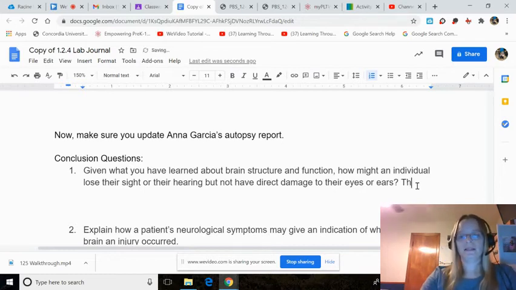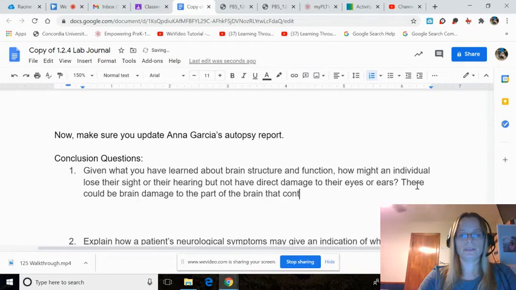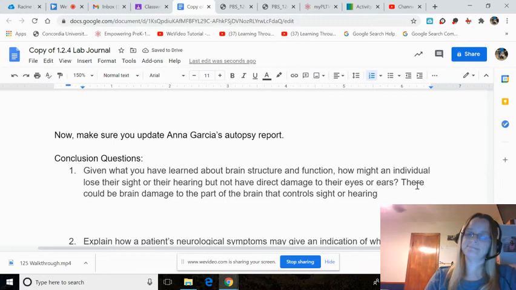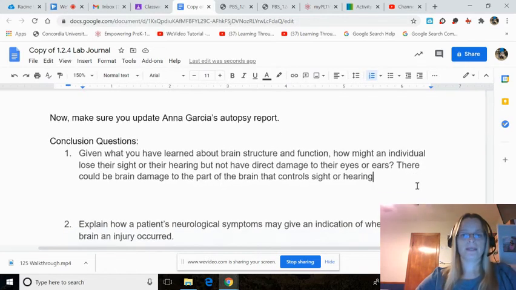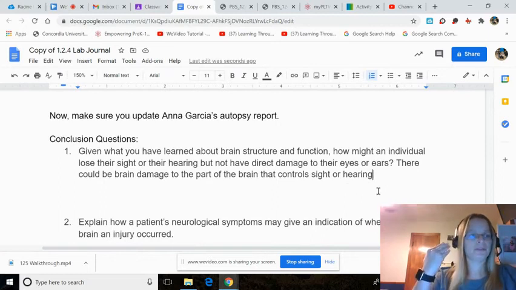Yes, there could be brain damage to the part of the brain that controls sight or hearing, but you should know that that's sensory input. And in medical interventions, you'll learn all about hearing loss, both related to physically listening to things too loudly and in the part of the brain.